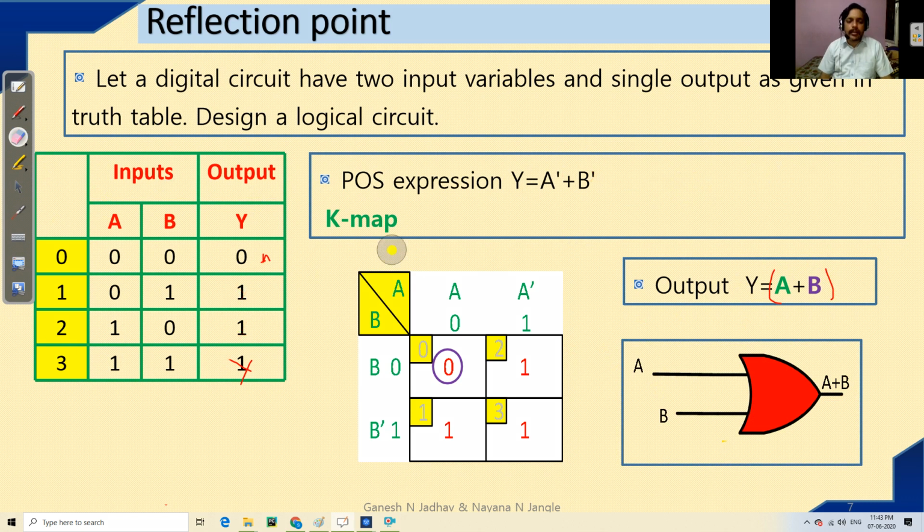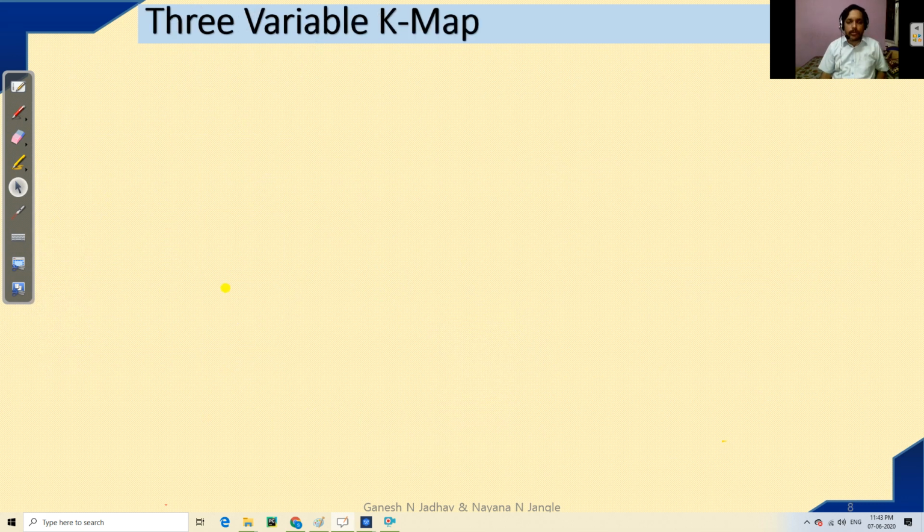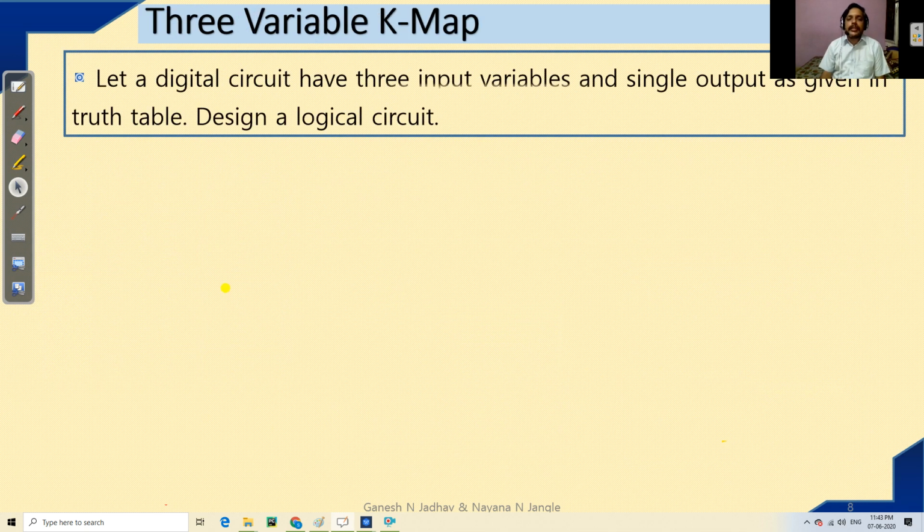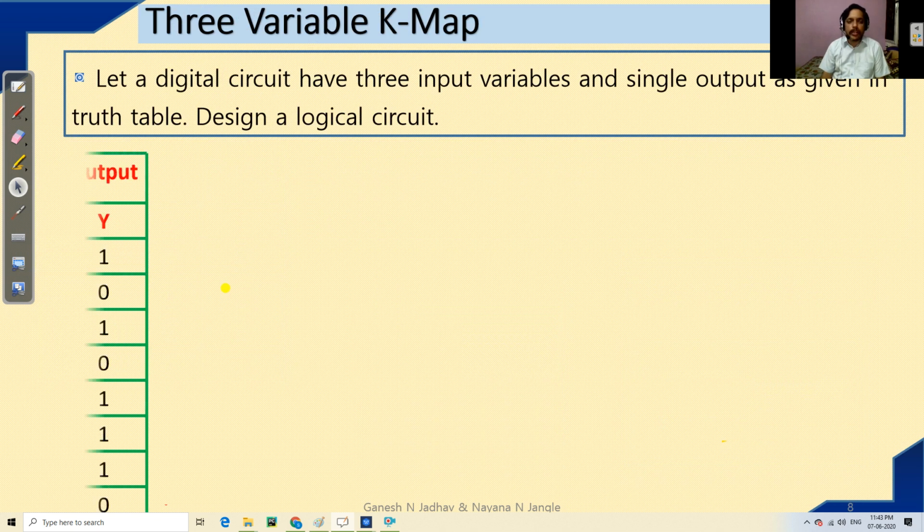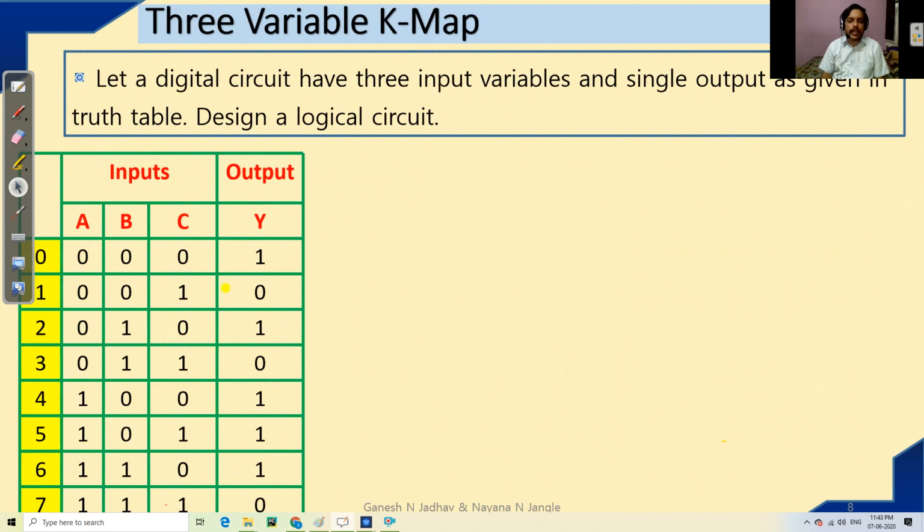Next, let us see how we can proceed further for 3 variables. How can we use this K-map technique for 3 variables for POS? Let the digital circuit have 3 input variables and a single output, as given in the truth table. Design a logical circuit for this.